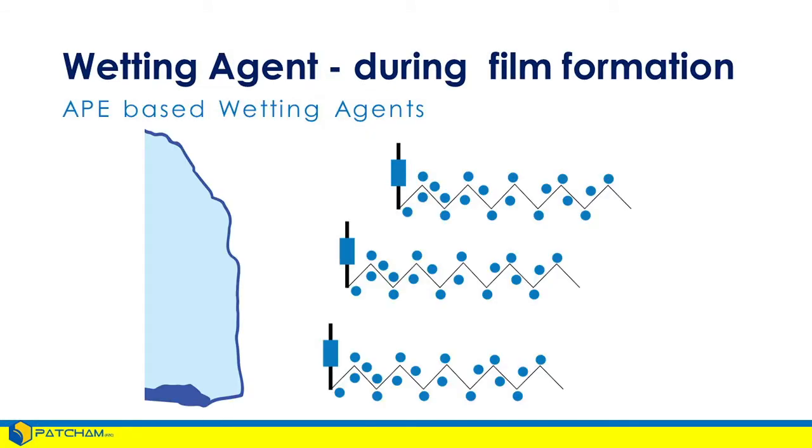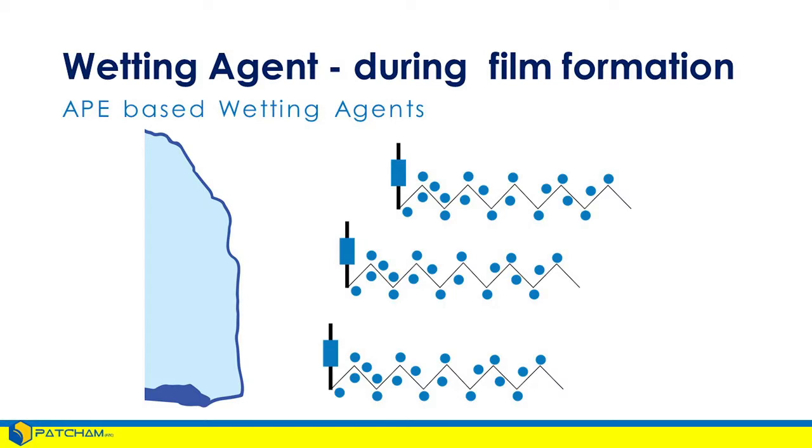So schematically here, we have a diagram of what the APE wetting agent does during film formation. On the left-hand side, we have a stabilized pigment particle with its electrostatic stabilization mechanism. And our wetting agent resides primarily in the water phase. These blue dots represent water molecules.